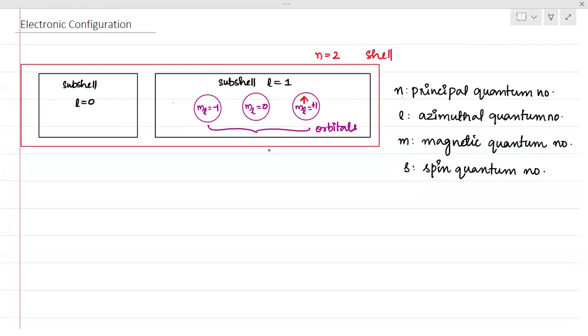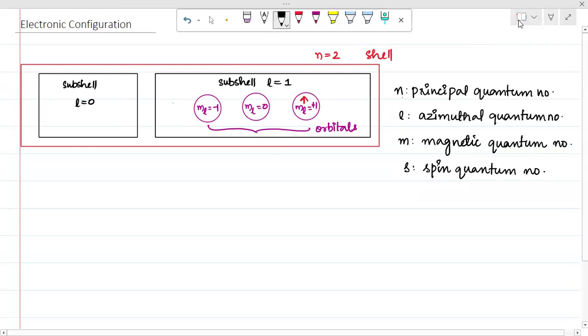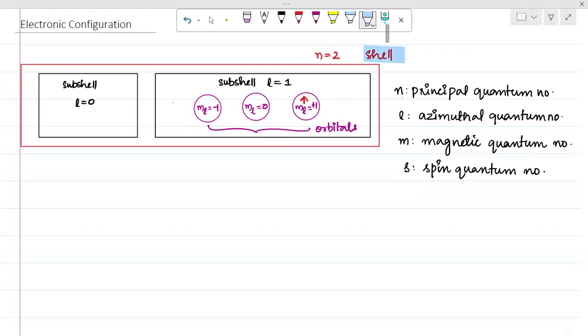So we discussed what principal quantum number is. Yes, we did discuss that principal quantum number gives an idea about the shell of the electron. The electron occupies certain positions, and those positions are called the shells. And the value of the principal quantum number gives an idea about that position.